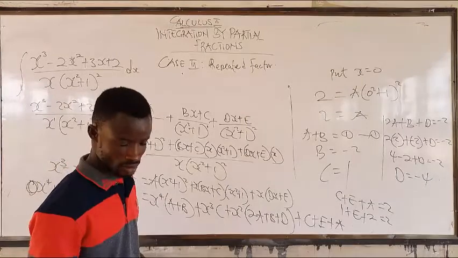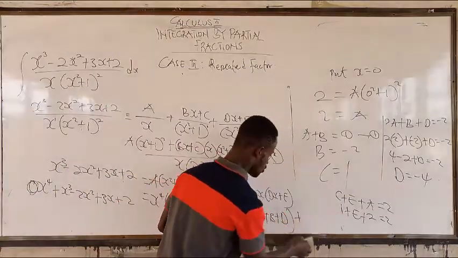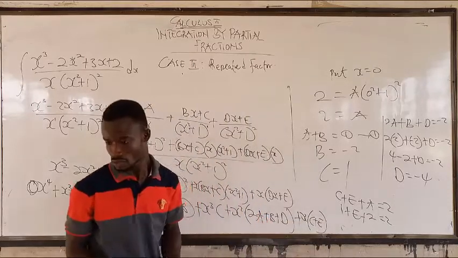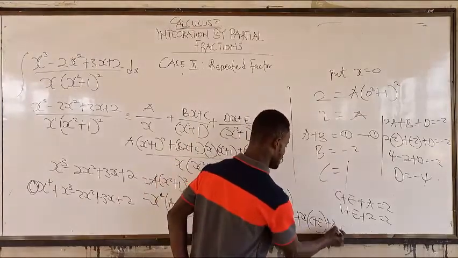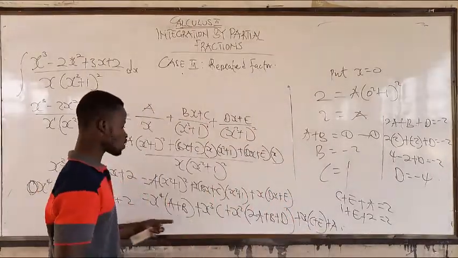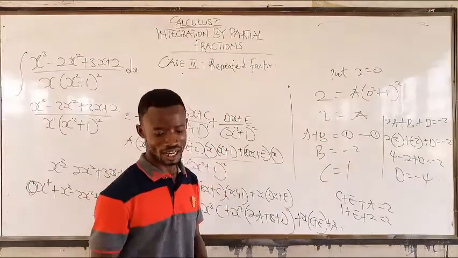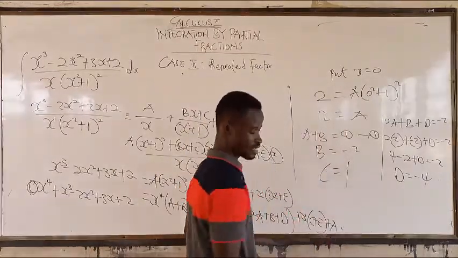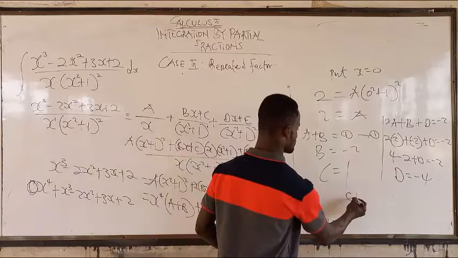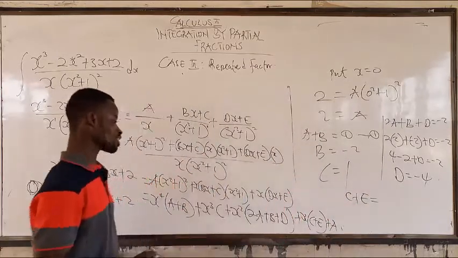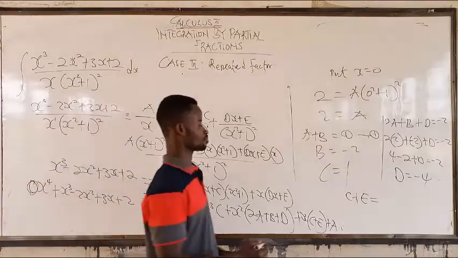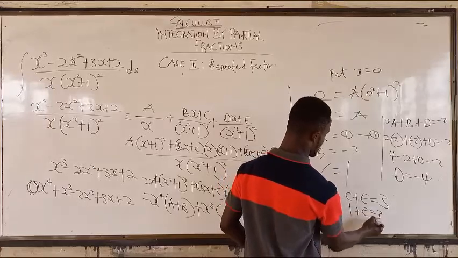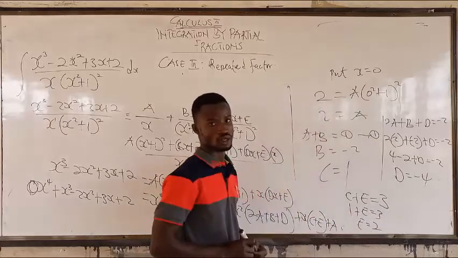Sorry, here will be the coefficient of S, C plus E, plus A. When you expand and simplify, this is what you are supposed to get. Very good. So now C plus E is equal to the coefficient of S here, which is 3. C is 1, plus E is equal to 3. So E will be equal to 2.